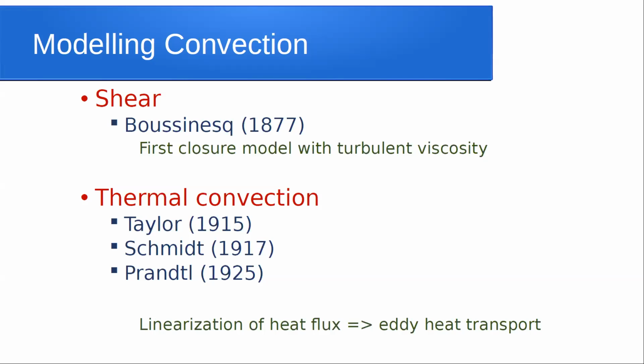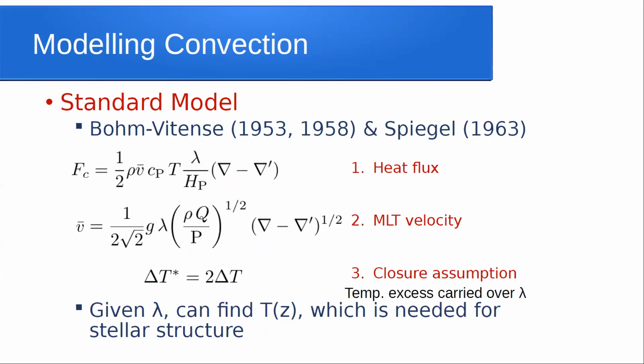But basically the idea there is that you can linearize the system of equations in certain regions and then describe the heat transport through an eddy model, which is basically like mixing length, which of course is our standard model, right? Most of you have probably seen this if you've dealt with stellar evolution in any sort of way. This is originally attributed to Böhm-Vitense, 1953, but Ed Spiegel does a nice description of it as well.